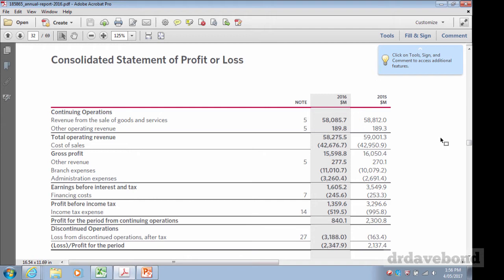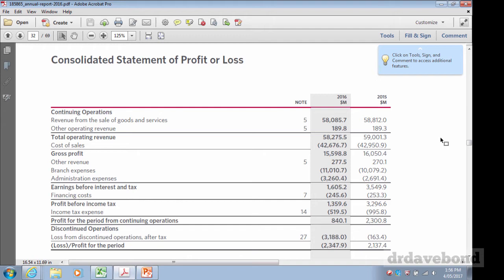An important thing we need is revenue, so a top line number. Now if we look at the statement here, we've actually got two items, revenue from sales of goods and services and other operating revenue. Just for ease of use, I'm going to collapse these down and we're just going to take total operating revenue as the revenue figure.